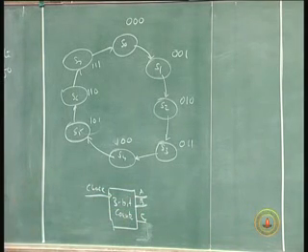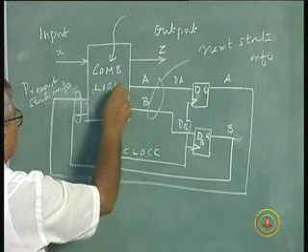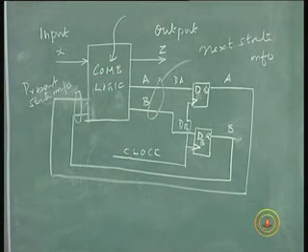On the other hand, here there is an external input and the current state variables, and to determine the next state variables and the external outputs, we need a combinational logic. The combinational logic determines from the present state information and the external inputs what the next state variables should be, and the output.